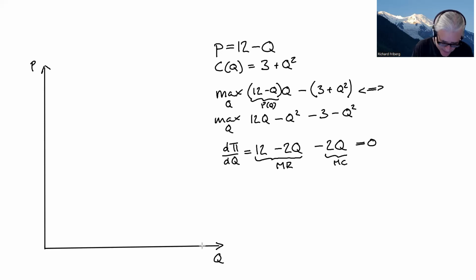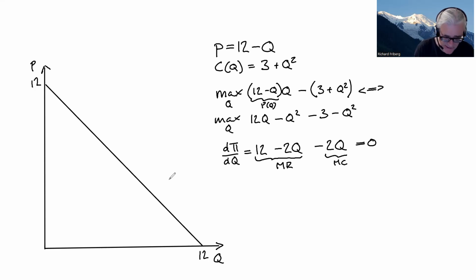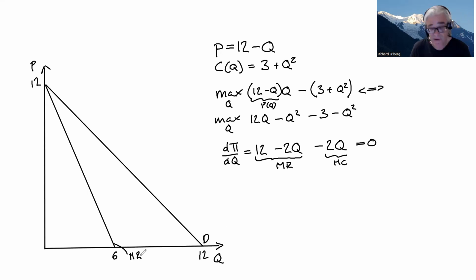We have the demand curve like this. So an intercept of 12 here and a slope of -1. We have the marginal revenue curve, 12 minus 2Q. So it has the same intercept as the demand curve, but then slopes twice as steep. And this is demand. This is marginal revenue.